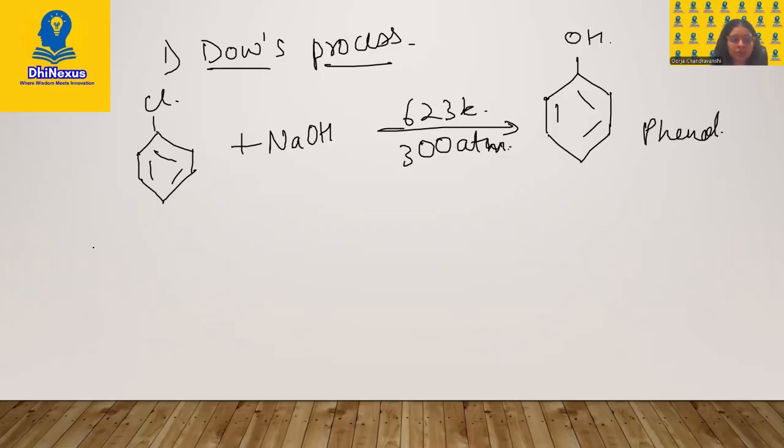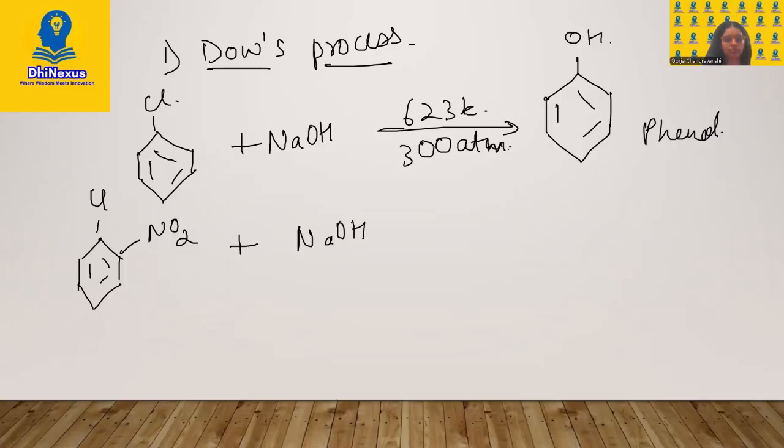It is also observed that if I keep increasing the number of electron withdrawing groups, suppose I add one NO2 here, plus NaOH, then what will be observed is that the conditions become very mild.